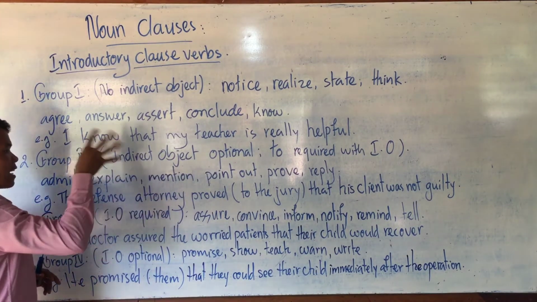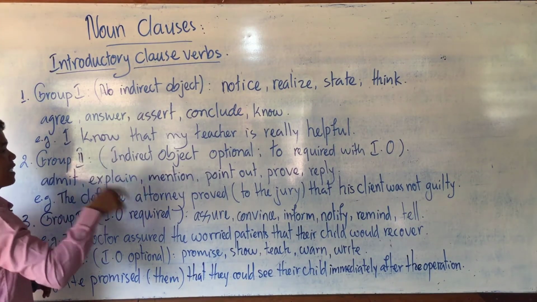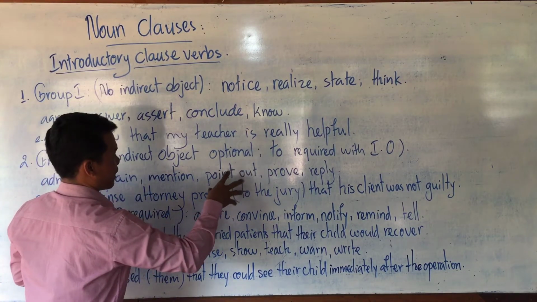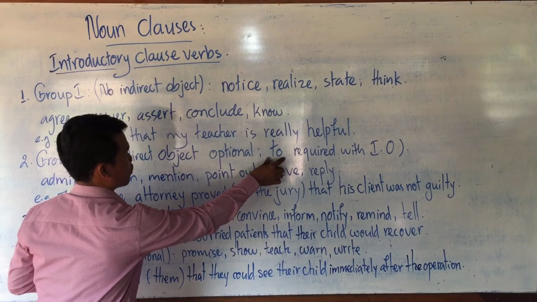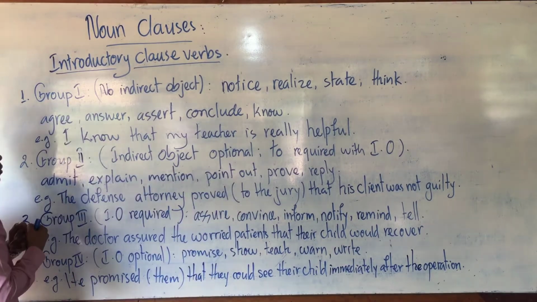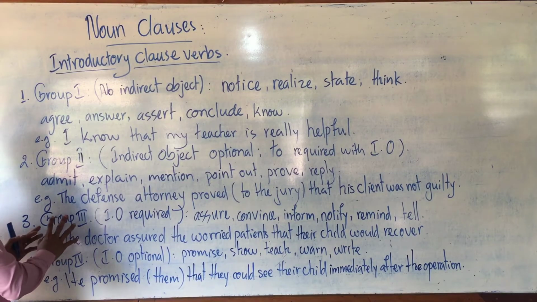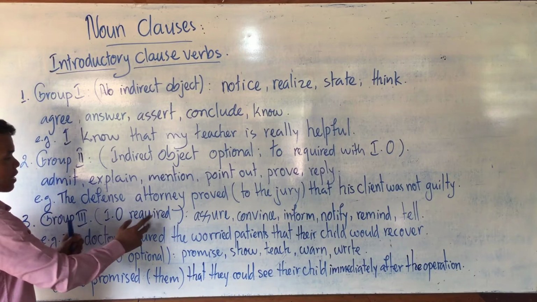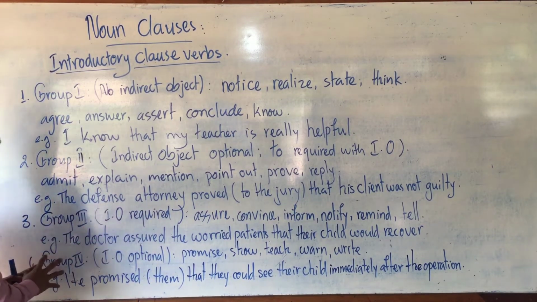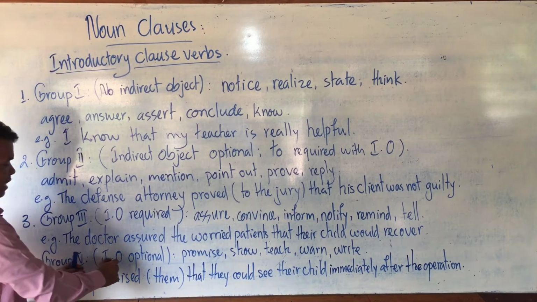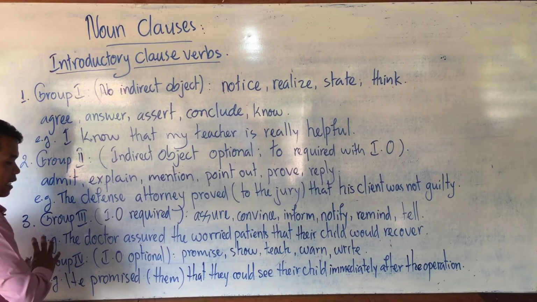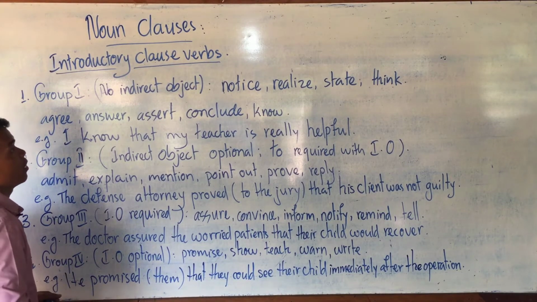It means that the indirect object can be either retained or deleted. But if you write the indirect object, make sure that you use to. To is really essential for verbs in group number 2. Group number 3, indirect object required. So it means that you cannot delete it. Verbs in group number 4, indirect object is optional. You can write it or not write the indirect object, everything is okay.